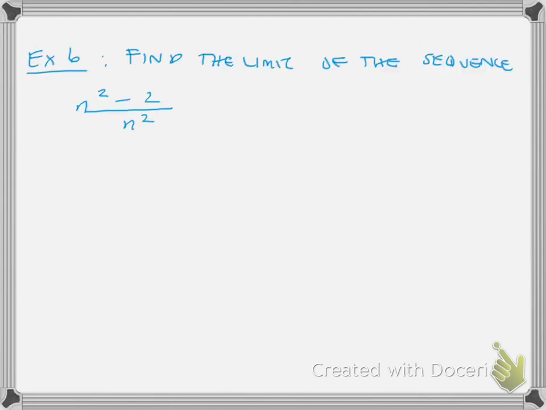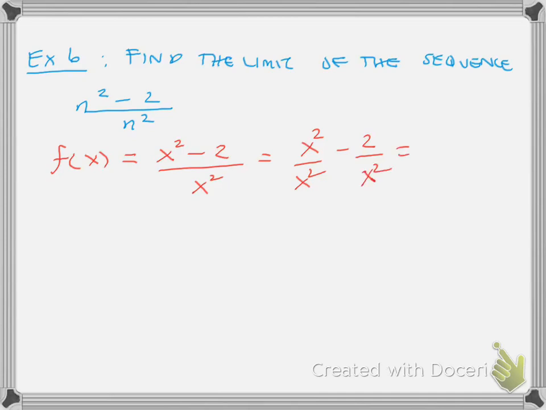The last example that I'm doing in this video, and I'll finish the rest of the examples on Monday, is to find the limit of the sequence n squared minus 2 over n squared. First, let's change this to a function, so x squared minus 2 over x squared. We can actually simplify this function, because we can separate those two terms, and that's 1 minus 2 over x squared.